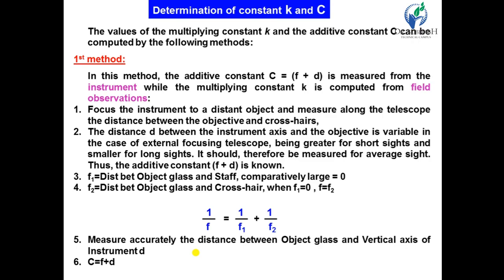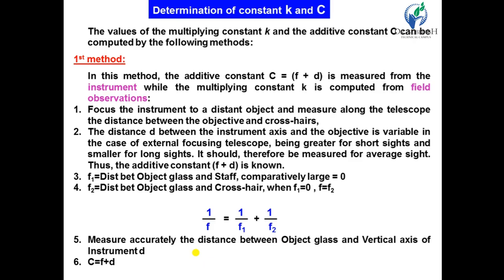The distance between the instrument axis and the objective is variable in the case of an external focusing telescope. F1 is the distance between the object glass and the staff, which is comparatively large, and F2 is the distance between the objective glass and the crosshair. When F1 is equal to 0, F is equal to F2.